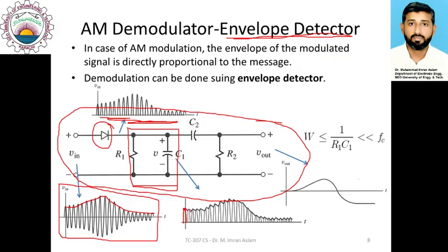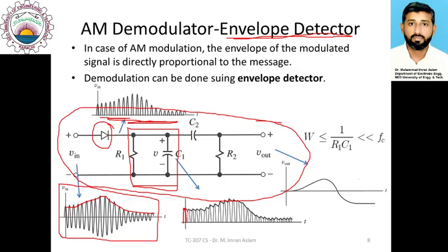It shows the discharging of the capacitor, but before the capacitor is fully discharged, the second cycle appears, because this carrier wave is oscillating at very high frequency. We know that the carrier frequency is very high, so these sinusoidal variations are coming at a very high frequency.